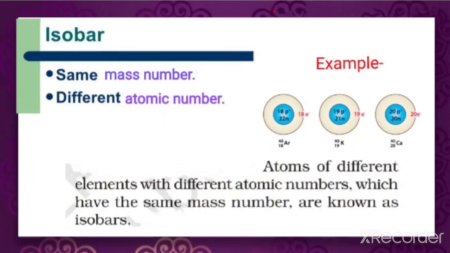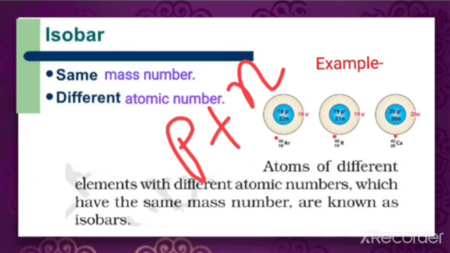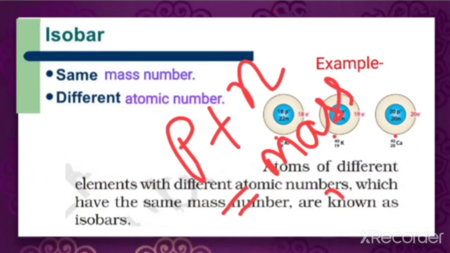That is, the mass number is equal, as here it is 40. The sum of the protons and neutrons is actually the mass number. So the mass number is the same, meaning the sum of protons and neutrons is the same for these atoms, and those atoms are called isobars.